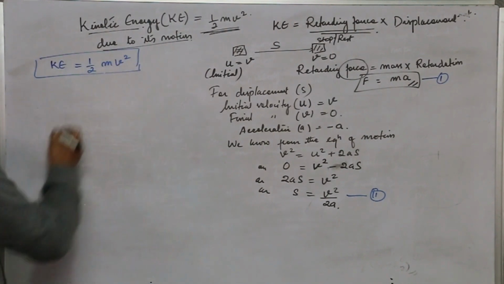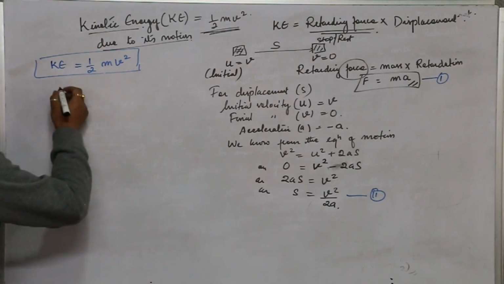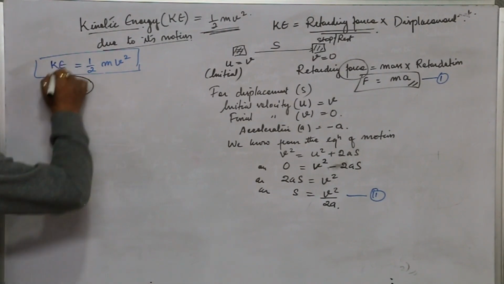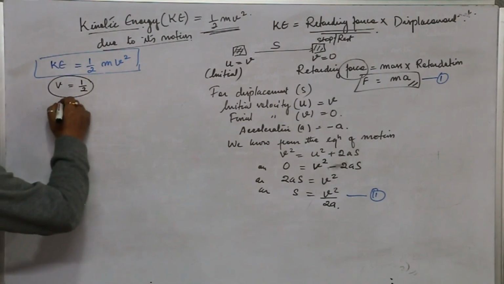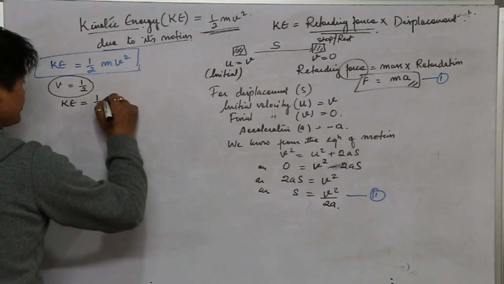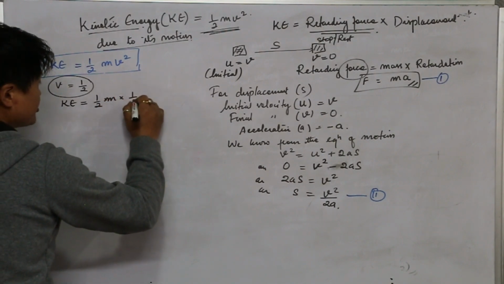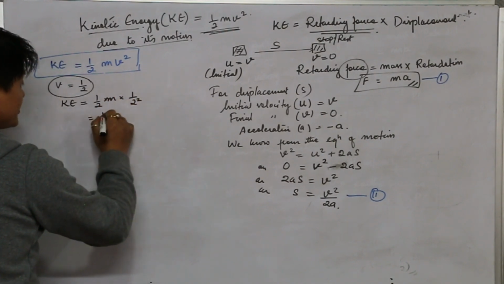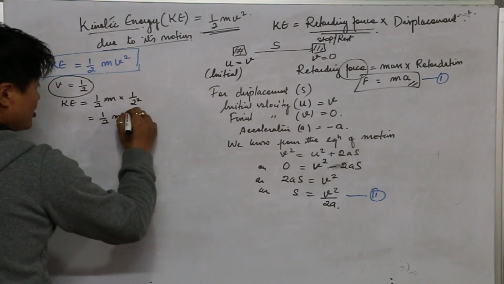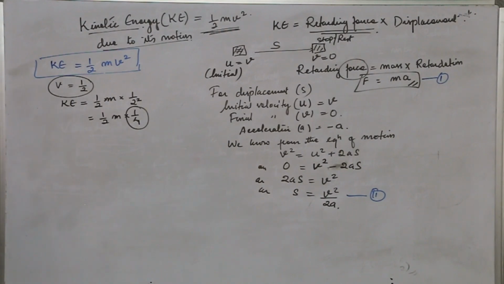So what will happen if we halve the velocity of the body? If the velocity of the body is half, then what will happen to the kinetic energy? At that time kinetic energy will become half into m into half, 1 by 2 square. This will be 1 by 2 m into 1 by 4. Here the kinetic energy will decrease by 1/4.